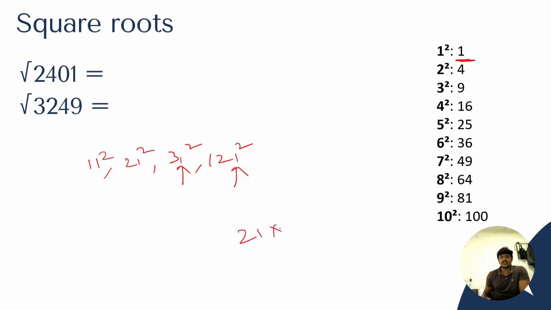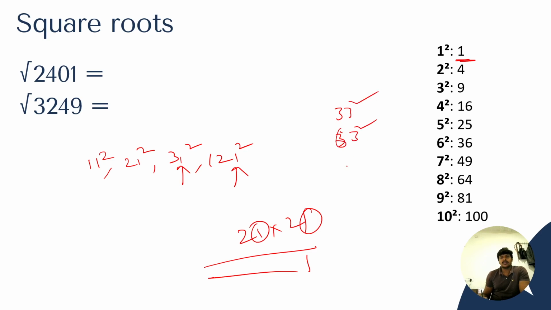For example, 21 into 21. You are going to multiply 1 and 1 first, so the answer is going to end with 1. Or 33 square, 63 square, or 73 square. Doesn't matter. All of them are going to end with 9. So if the answer is ending with 9, the question is going to end with 3 or 7.